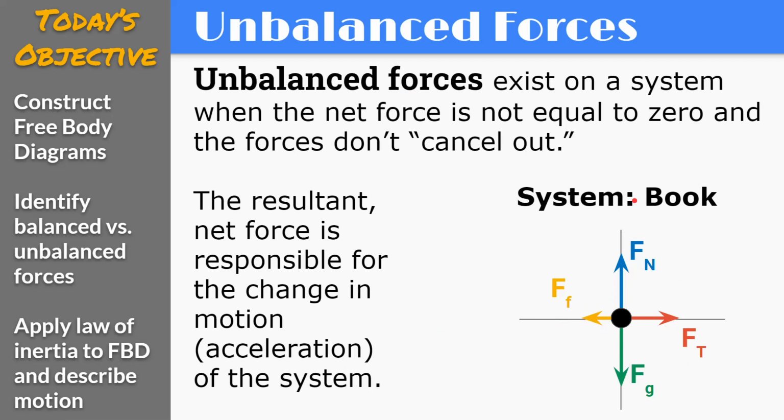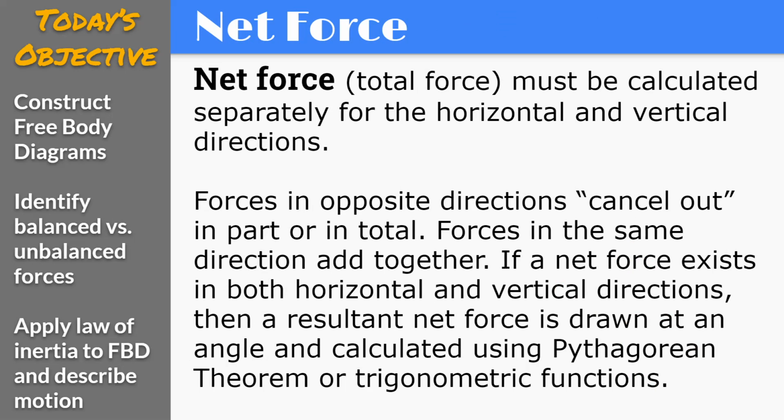And it would therefore accelerate to the right. That doesn't mean it's moving to the right necessarily, although it does in this case because friction's labeled to the left. Net force again must be calculated separately for the horizontal and vertical directions. This part is a review, so this should all sound familiar.